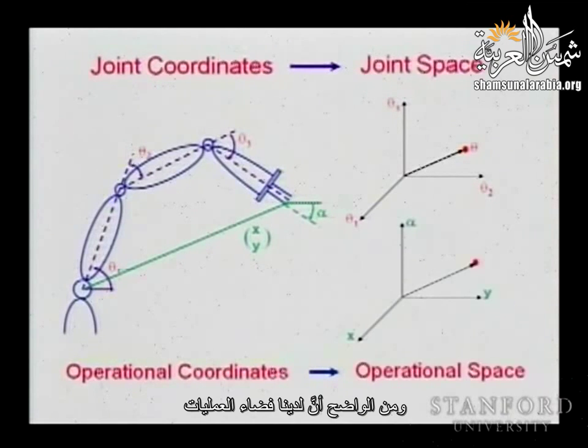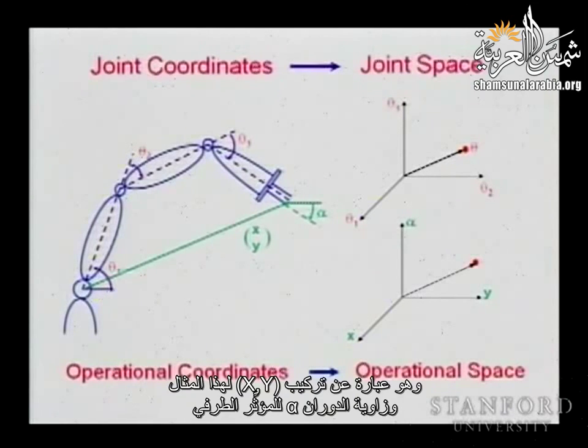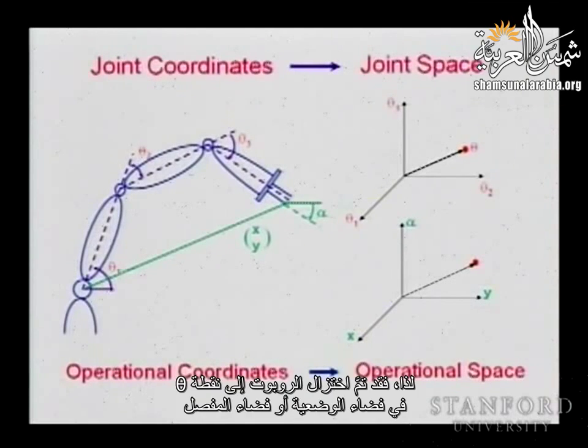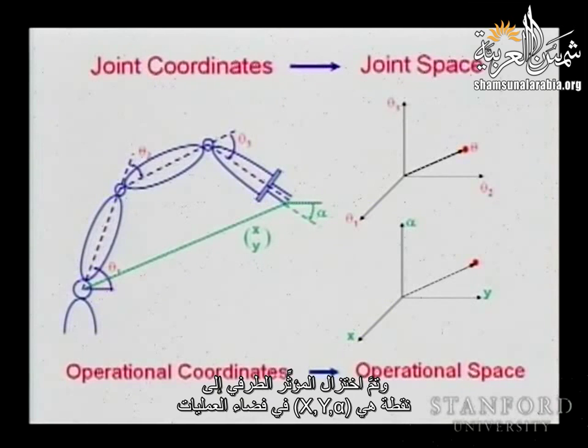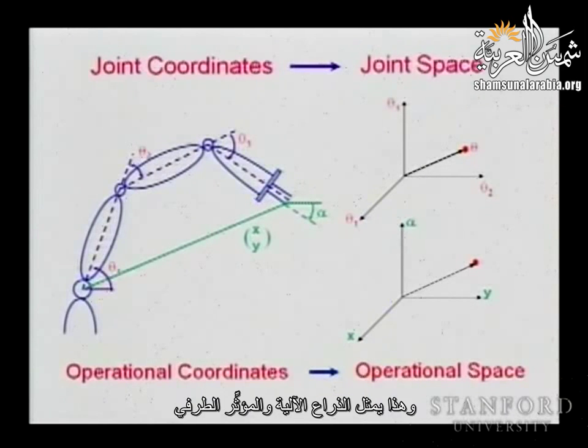And obviously we have with that a space, the operational space, which is now the combination of x, y for this example, and the orientation alpha of the end effector, and that is a point. So the robot is reduced to a point theta in configuration space, and its end effector is reduced to a point x, y, alpha in the operational space, and that represents the manipulator and the end effector.